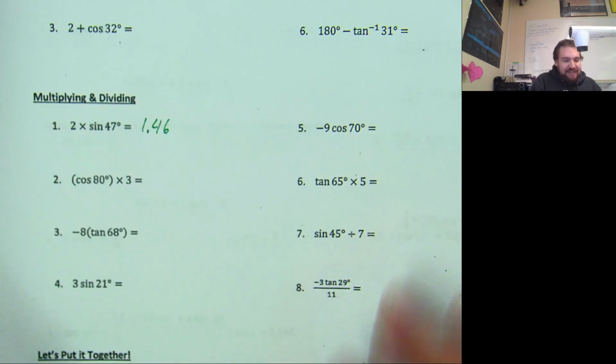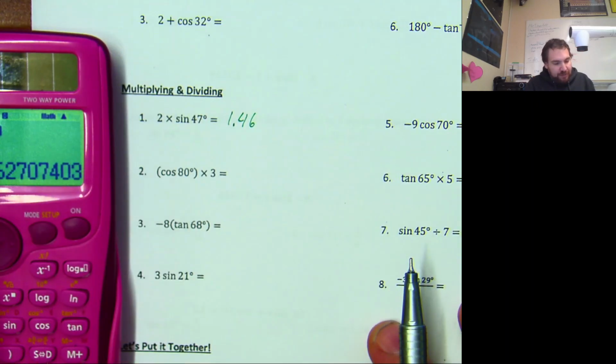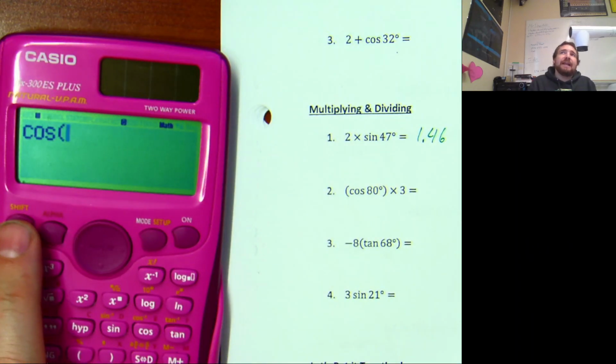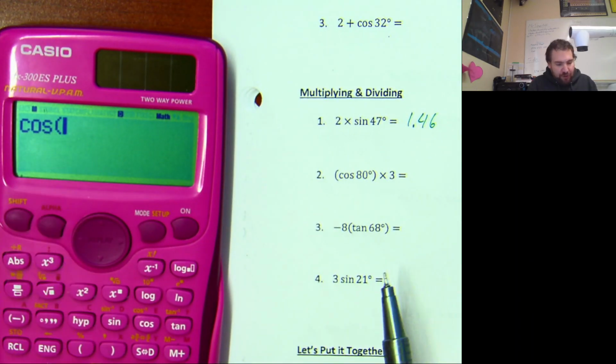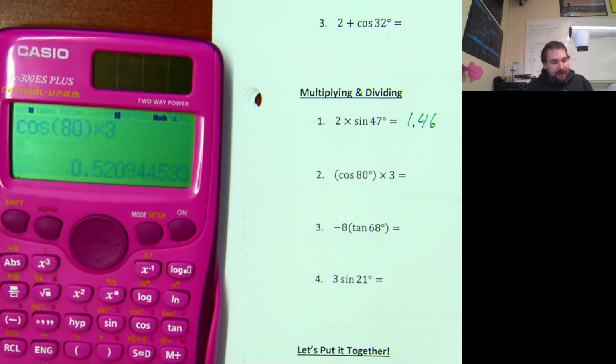Where things get dicey is questions like 2 or 6, where you don't include brackets. So you want to make sure we put those in the right spot. For example, if I bring up cos, it automatically brings up my bracket before. So I'm going to go cos 80 times 3. It's going to apply cosine first, and then it's going to multiply the result by 3. So we get that.